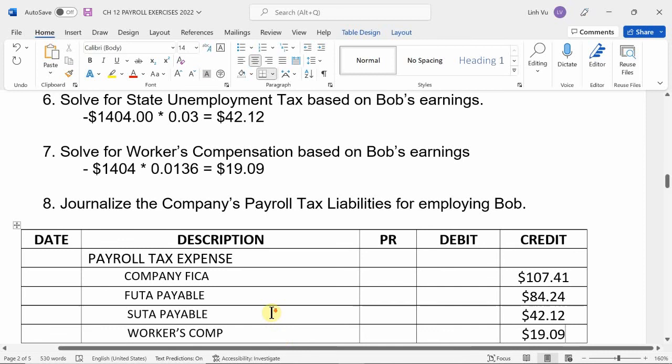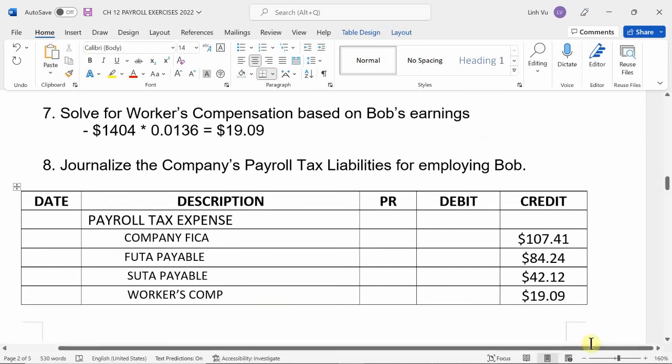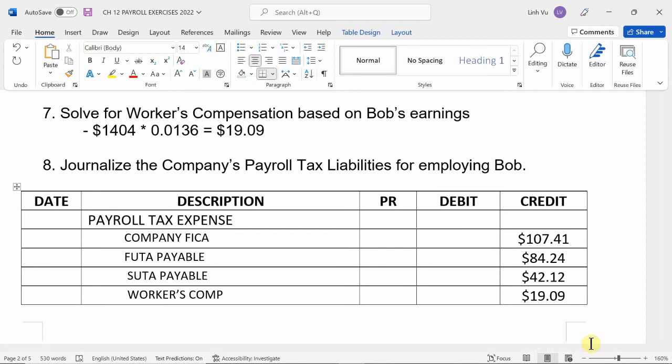Giving me a grand total payroll tax expense to be a total of $252.86.